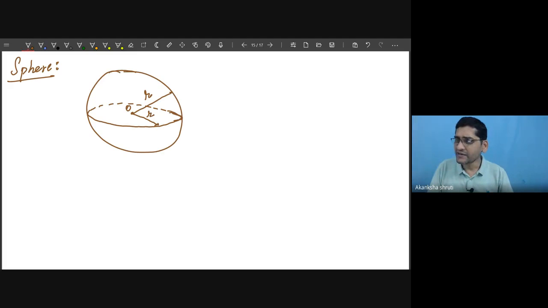In this case, for the sphere, we find that it cannot have any base or top. So the total surface area will be the same as the lateral surface area. No difference between the TSA and LSA. So you can write here, no top or base.